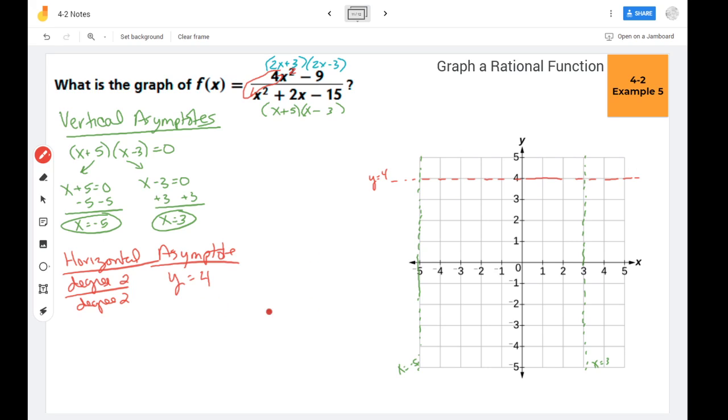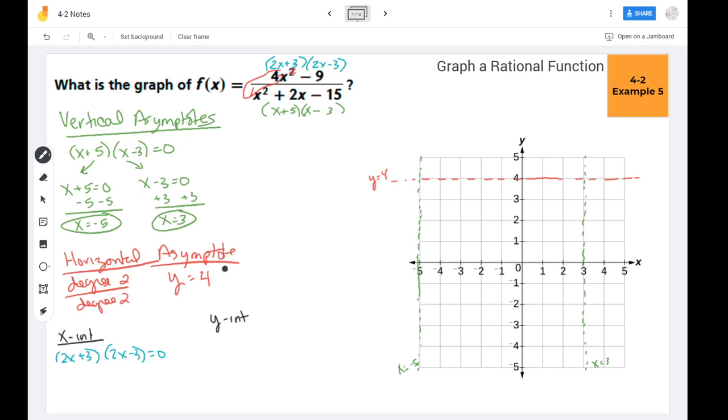So now what we need to do is figure out how the graph is going to fill into these places. So what I like to do is identify my intercepts. So here I'm going to find my x-intercepts by taking the top of the fraction, the numerator, and setting it equal to 0. I'm also going to find my y-intercept by plugging in a 0 for x.